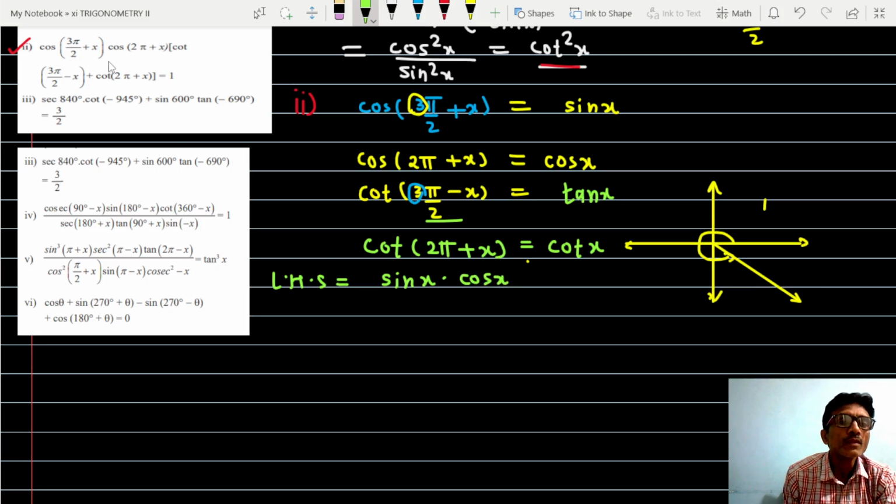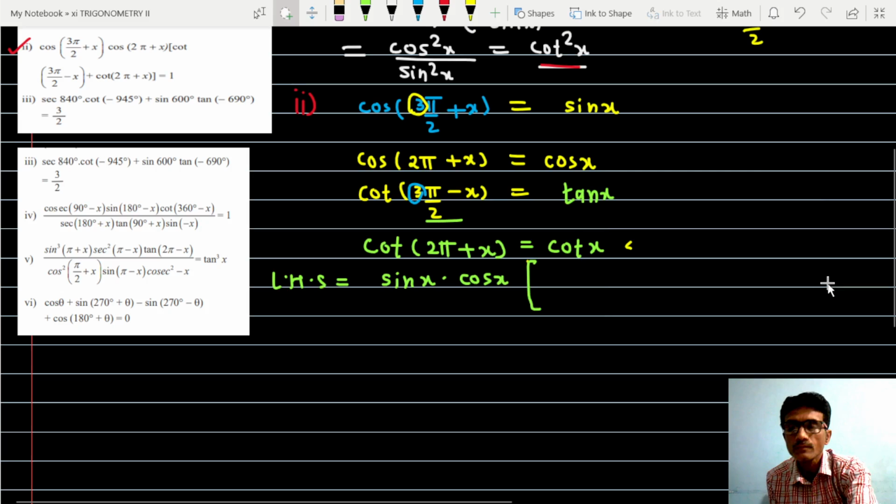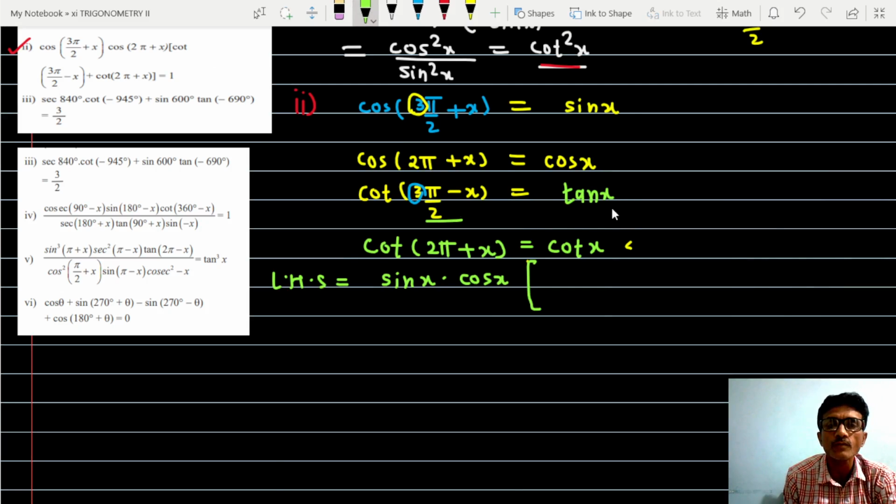Then there is a square bracket, so we will put here square bracket, and inside the square bracket cot of 3 pi by 2 minus x, what is cot of 3 pi by 2 minus x, it is tan, or plus cot of 2 pi plus x, what is cot of 2 pi plus x, it is cot x.